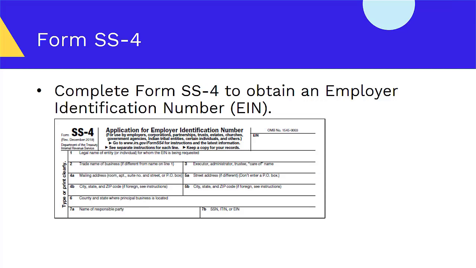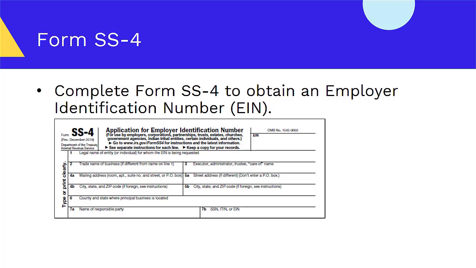In this chapter, there are several forms that you need to know. One of them is SS4, and this form is needed by employers if they report employment taxes or provide tax statements to employees. Then they will fill out this form and obtain an EIN, which is Employer Identification Number. It's a unique identification number similar to an individual's social security number.